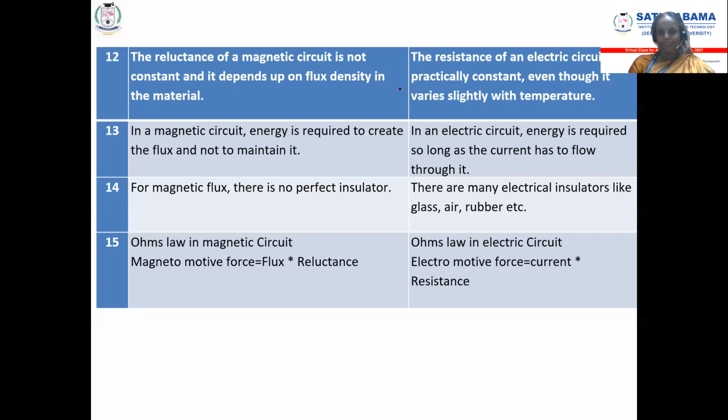But there are so many electrical insulators available, glass, air, rubber and so on, which we take as electrical insulators. Ohm's law in a magnetic circuit: mmf equals flux into reluctance. And here in the electric circuit, emf equals current into resistance.